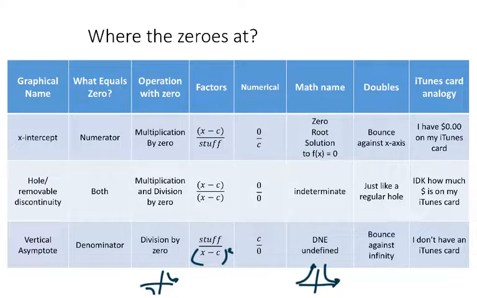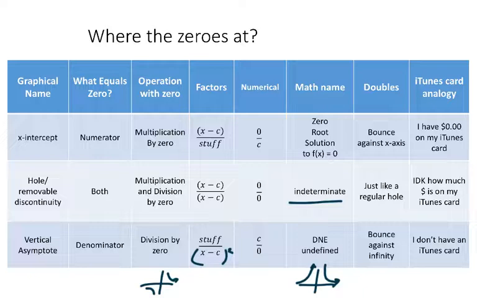And the math name for that is not 0. It's not undefined. It's indeterminate. Okay? If you double it, nothing special happens. And this is kind of like, I don't know how much money is on my iTunes card, and I am not able to figure it out. Like I've lost the password to the account or something like that. And the reason why it's indeterminate is, let's go back to the zero product property.